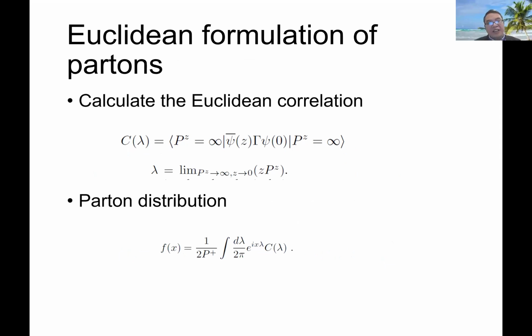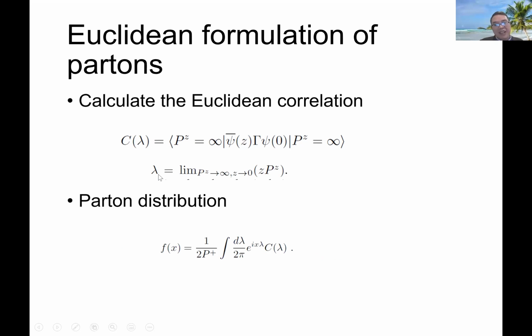And you can see that in this original formulation of partons, what you're really interested in is a spatial correlation of the fields. It involves no time, but you have an external state traveling with infinite momentum. And you take the limit such that the spatial correlation z times the momentum, which I call lambda, stays finite.